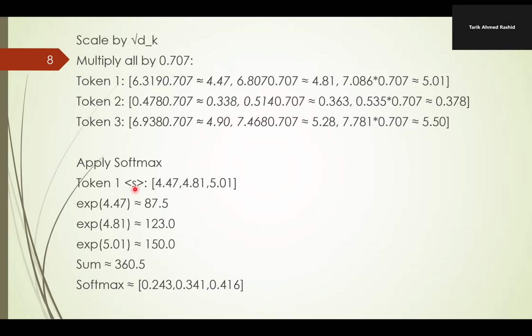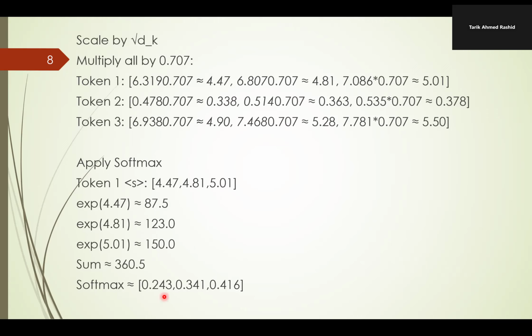The first row represents the start token. What we do is take the exponential of this value, and this value, and this value, and then the exponential of this value divided by the sum of all these exponentials. So 87.5 divided by 360.5. We will get this value, and that's the softmax for it.